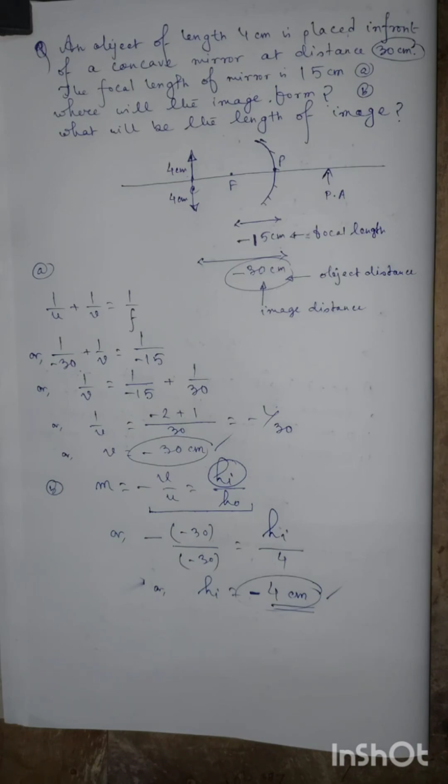Now let us look at the next question. This is our question, which says a concave mirror forms a real image of an object in front of it at a distance of 30 centimeter.